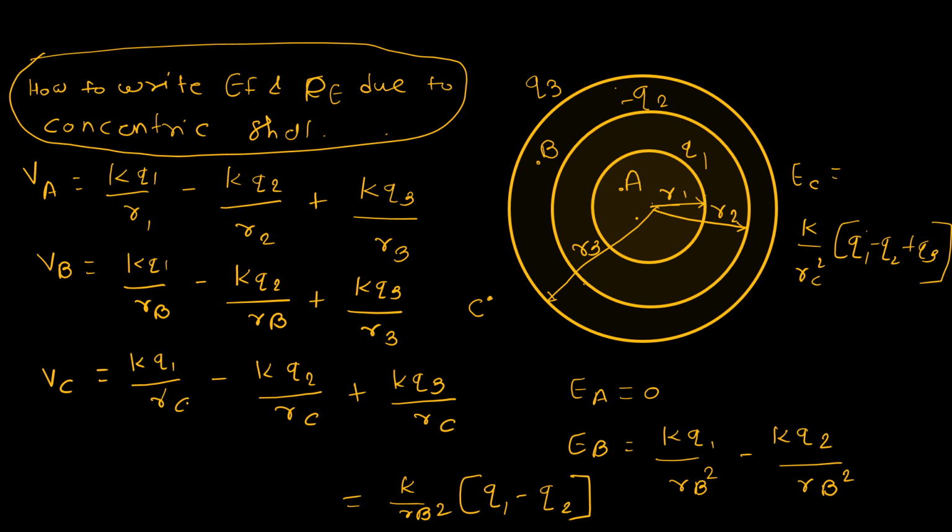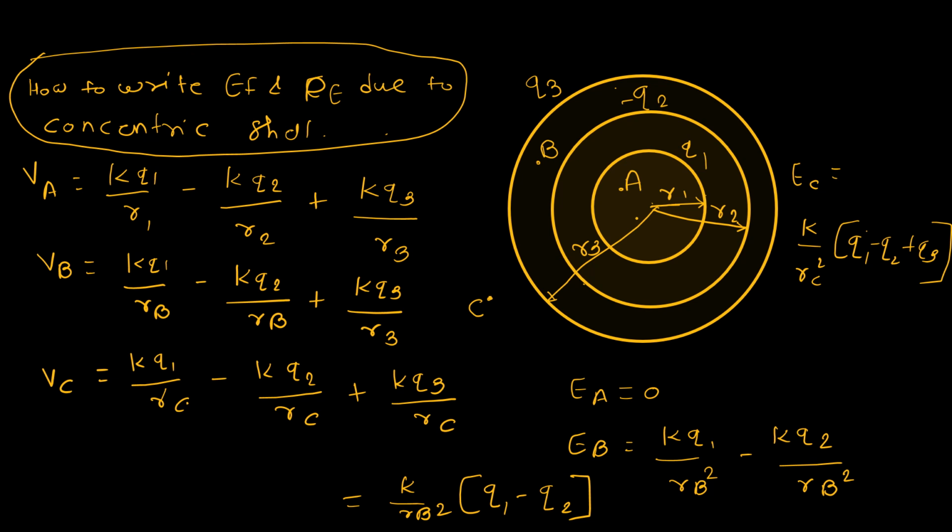So any point a1, even closer to the origin, up to the surface having radius r1, the potential is kq1 upon r1.